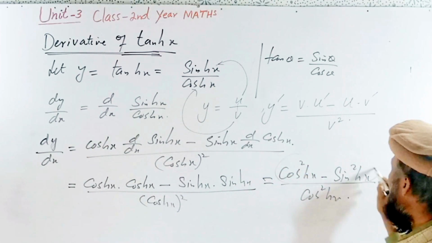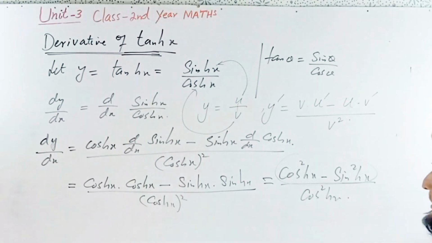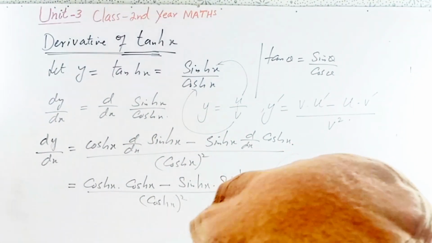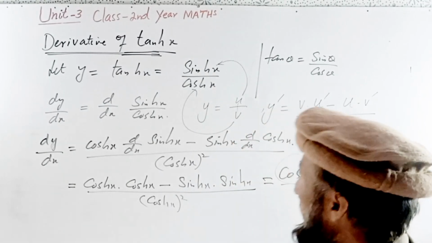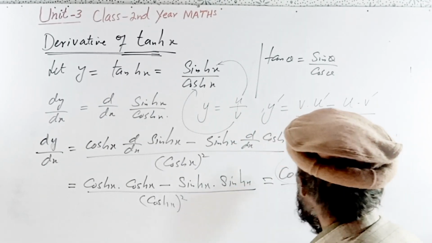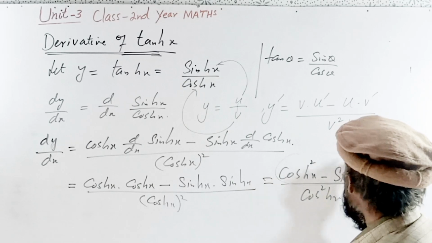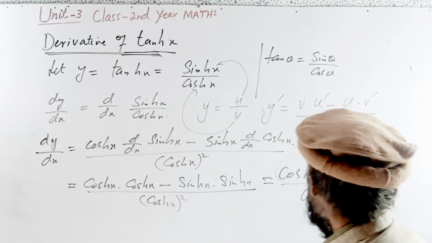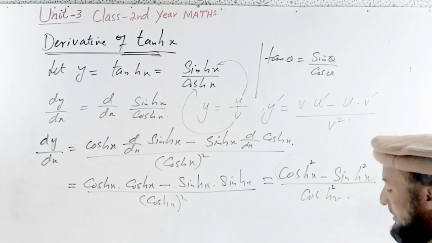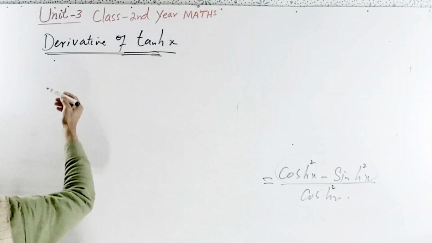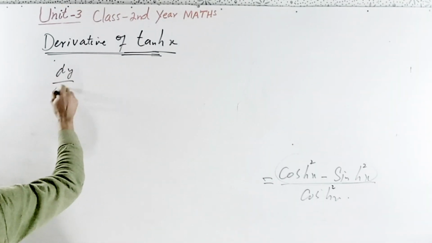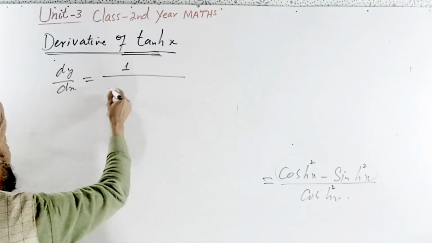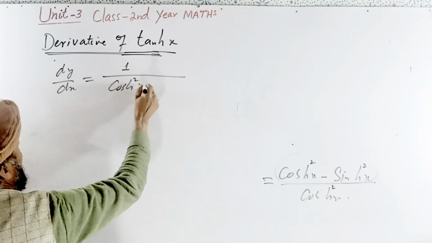Cos square hyperbolic minus sine square hyperbolic is equal to 1. So dy by dx of tangent hyperbolic is equal to 1 divided by cos hyperbolic square x.